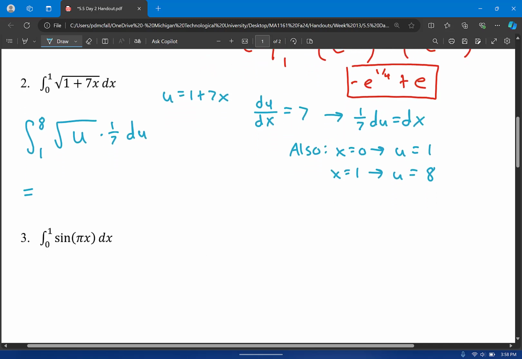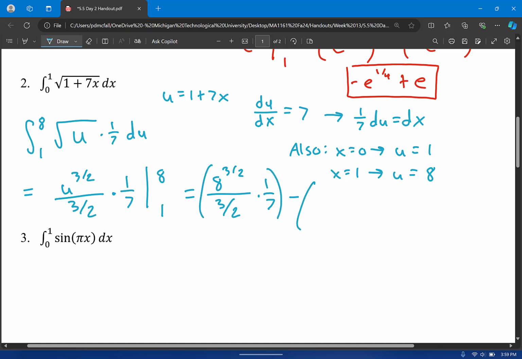And we do the antiderivative of the square root of u. Right? U to the 1/2 turns into u to the 3/2 over 3/2, or I can say multiplied by 2/3 instead. So have that times 1/7. Gotta plug in 8, plug in 1. So we have 8 to the 3/2 over 3/2 times a 7th minus, plug in 1, 1 to the 3/2 over 3/2 times 1/7.